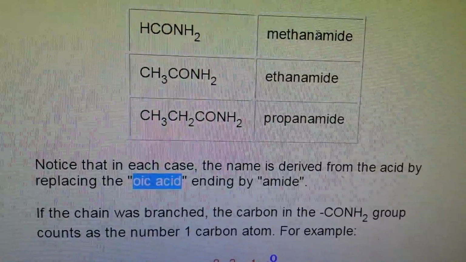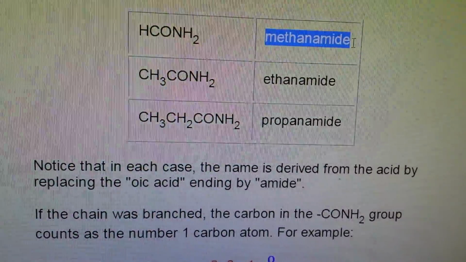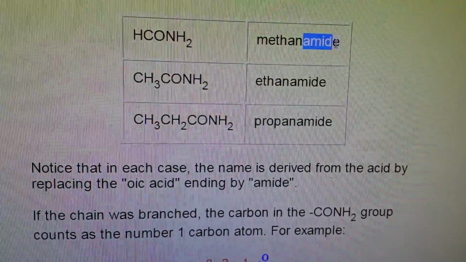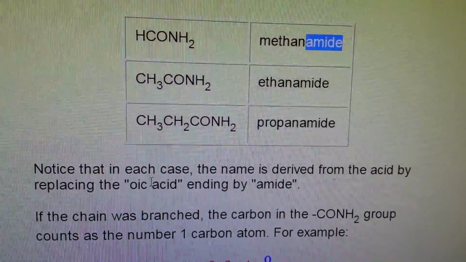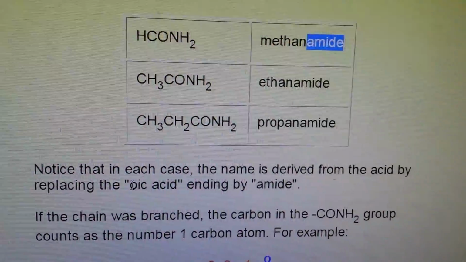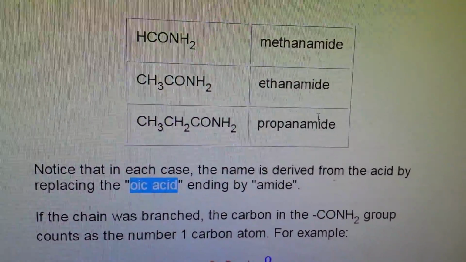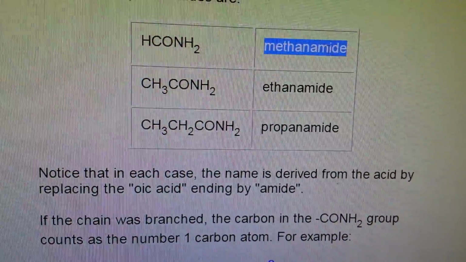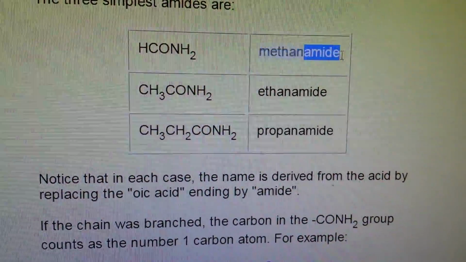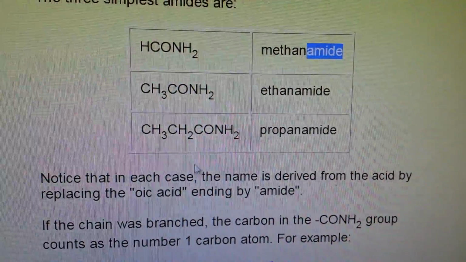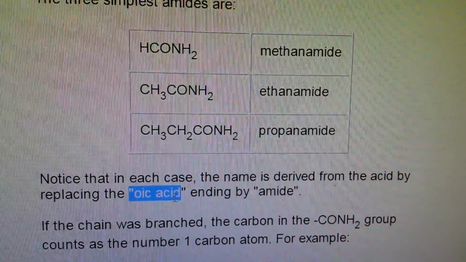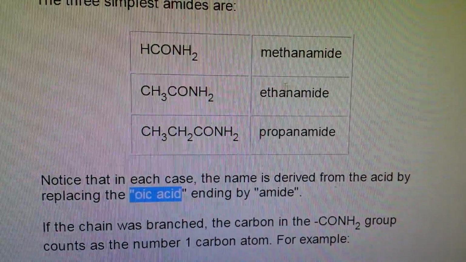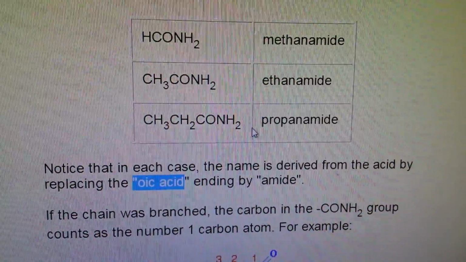If this were the acid, it would be methanoic acid, then ethanoic acid, and propanoic acid.